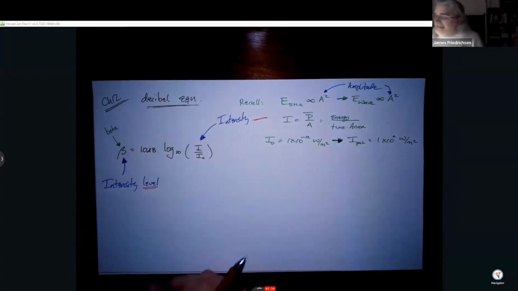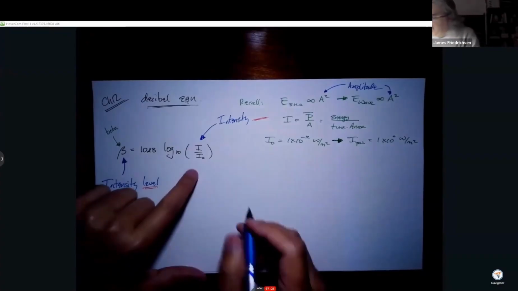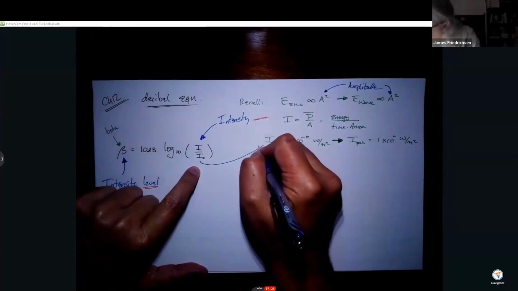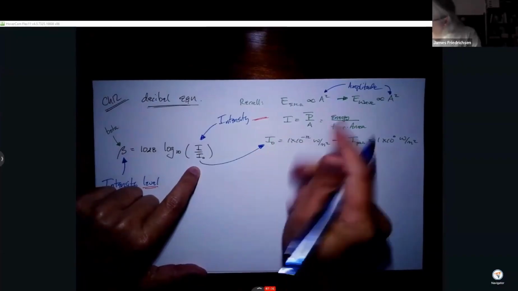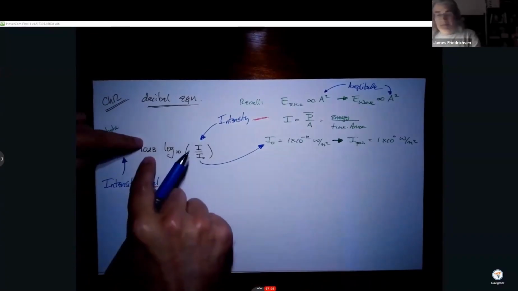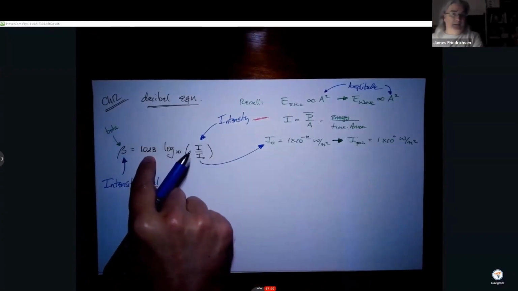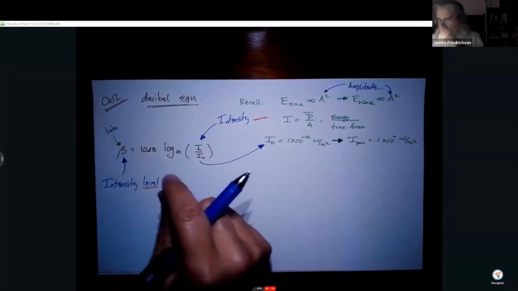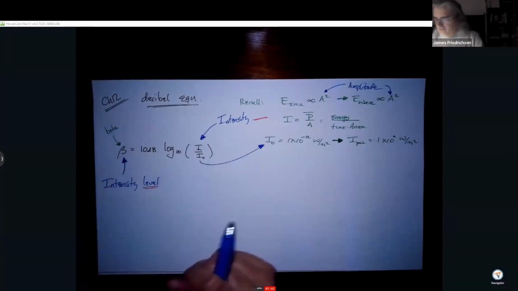They're easy to mix up. This I naught is the reference, which is our threshold of hearing, 1 times 10 to the minus 12 watts per meter squared. The times 10 is because we're in the decibel scale, tenths of bells. And so that goes from the bell scale to the decibel scale.